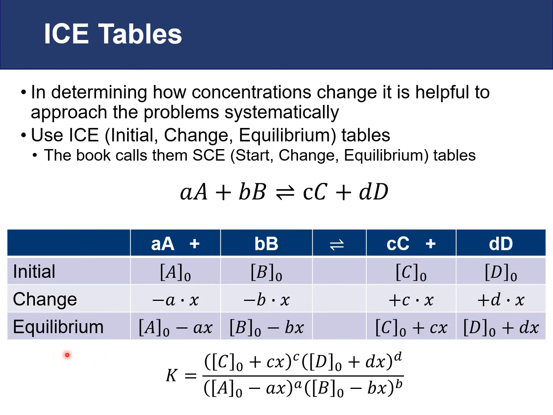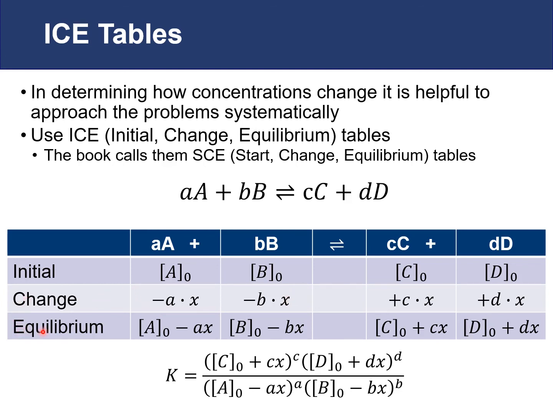We will start by making a table to keep track of all the different things that are going on. The first row, we will write out our initial concentrations. The second row, we write out how each one of our components change, whether they go up in the case of processes where the reaction is moving towards that side, in this case products. We will put a minus in front of the ones that are decreasing in value, in this case the reactants.